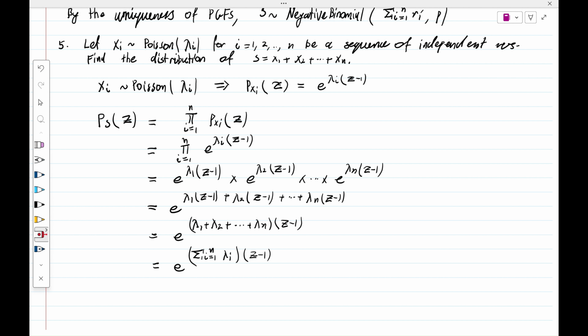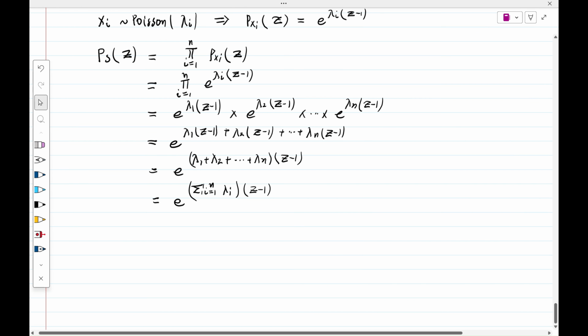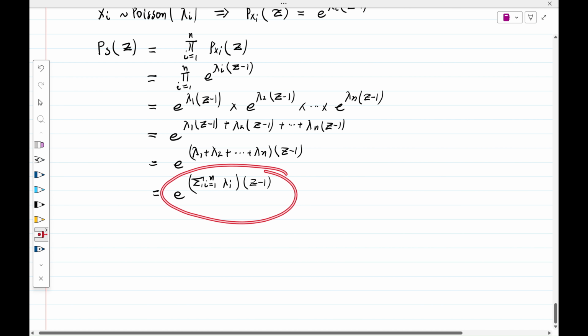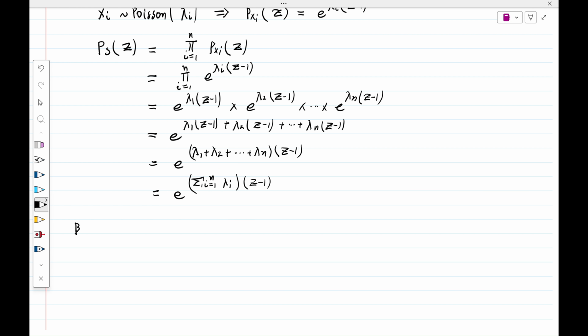But because they are similar in form, by uniqueness of PGFs, the sum follows a Poisson distribution, not with rate parameter lambda i, but rather with rate parameter equal to the sum of the lambda i's.